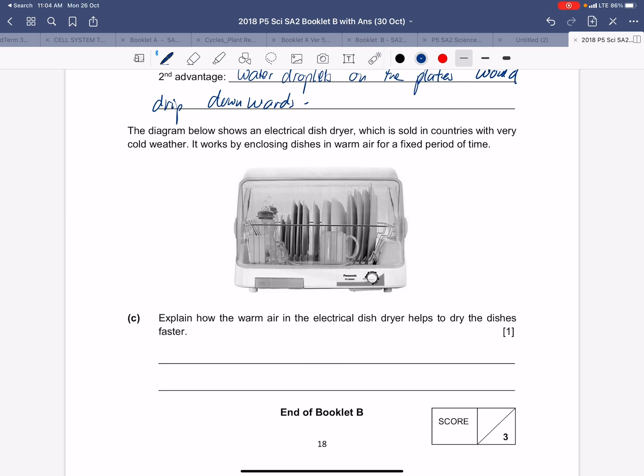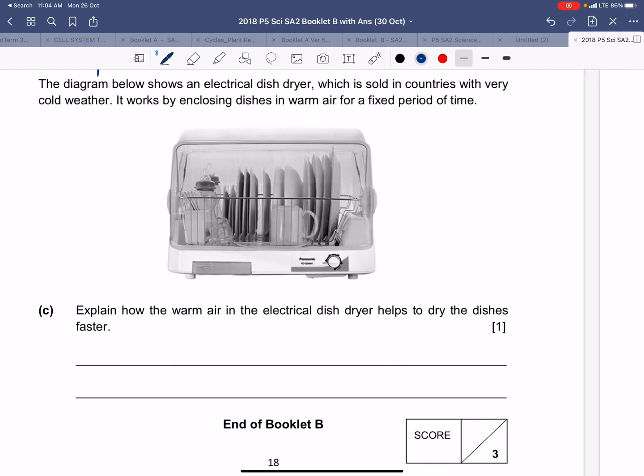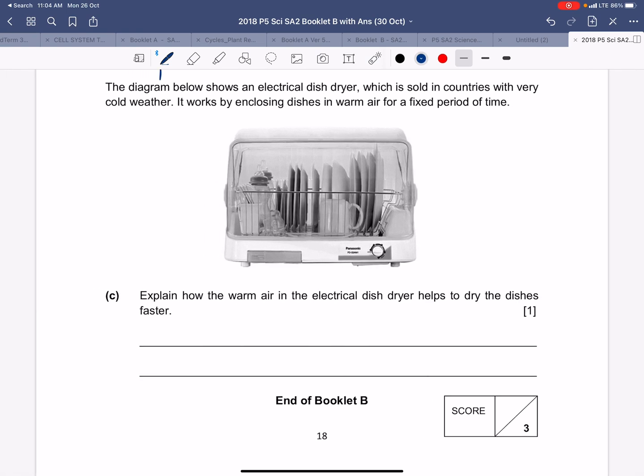Okay, and the next thing is, a lot of you didn't tell me that due to the warm air, it actually increases the temperature of the surrounding. Okay, so you can say that the warm air has a higher temperature. That's important. Remember, I told you higher temperature results in faster rate of evaporation.